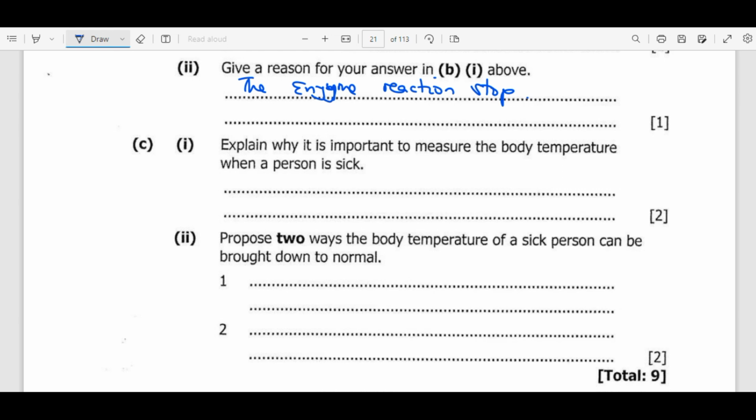So it is important, and it is taken as a precaution to avoid denaturing the enzyme.